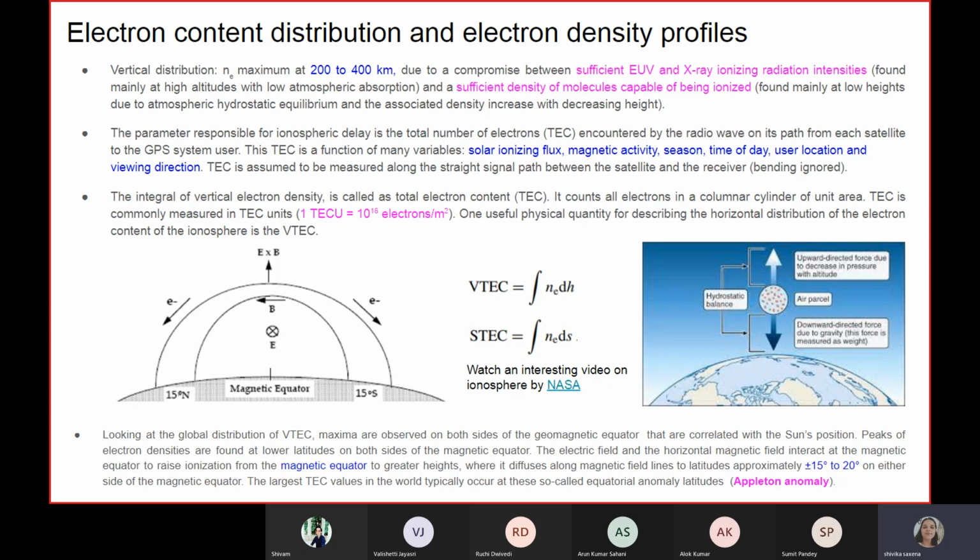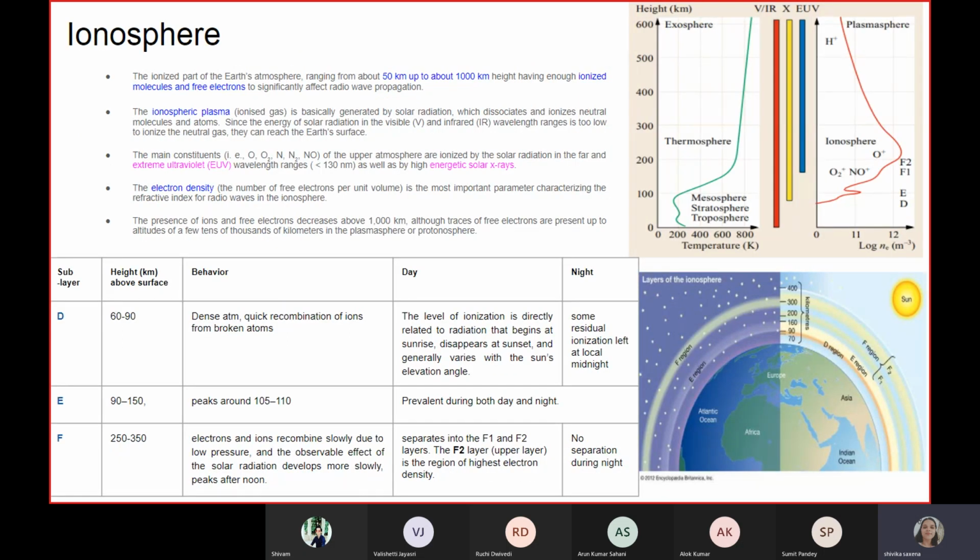You understood from this figure. Okay, in the topmost figure, at different heights these yellow and blue bars are stopping. Okay, so at what height is how much sufficient energy of these X-ray and EUV received? EUV means extreme ultraviolet. Okay, these two wavelengths, how much sufficient energy is received at what height. Naturally, this is coming from the sun, so this sufficient energy will be obtained at the higher altitudes.